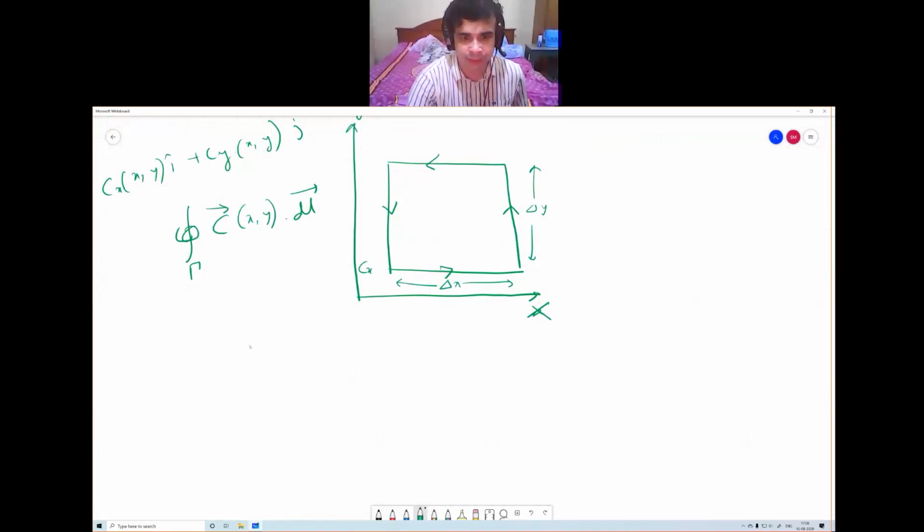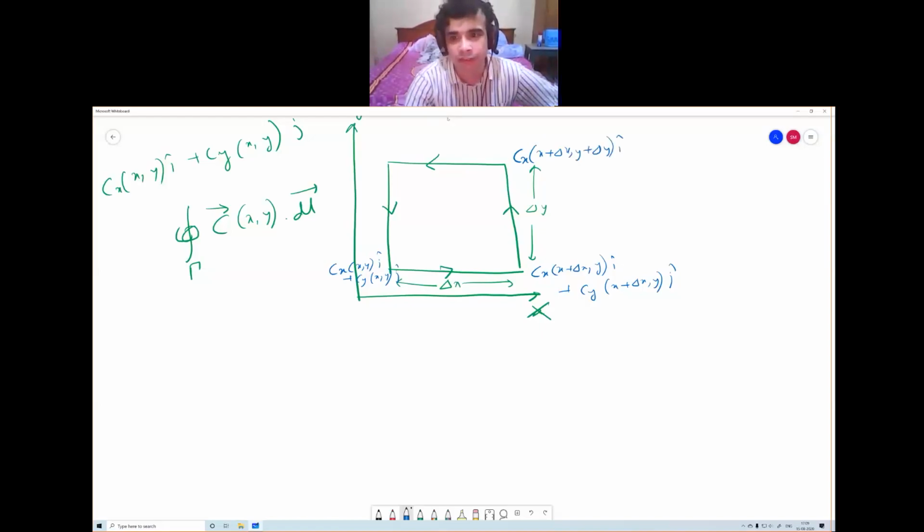The value of C here is Cx(x,y) i plus Cy(x,y) j. Better to write it using another color. Here, Cx(x,y) i plus Cy(x,y) j. Then Cx(x+delta x,y) i plus Cy(x+delta x,y) j. Then Cx(x+delta x,y+delta y) i, and Cx(x,...).